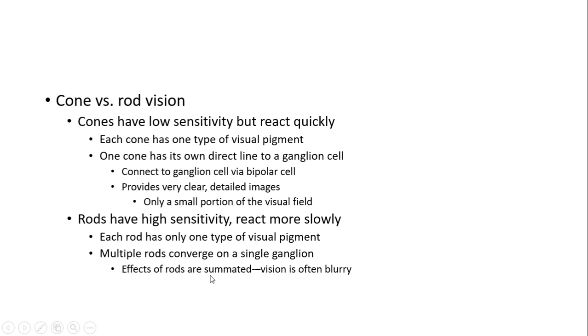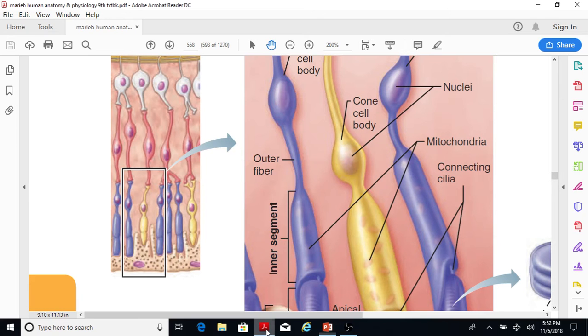So you basically get a summation and addition of all the visual stimulus sent to multiple rods, and because of that, vision is often blurry. Because when you're setting these pathways, this is only 3 here, but let's say this is 20 rods.